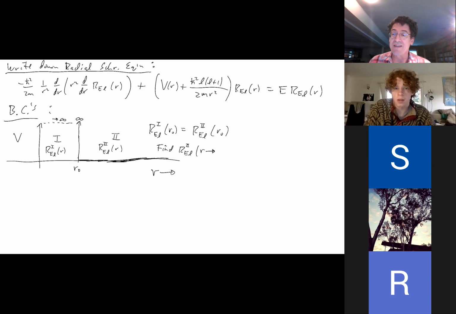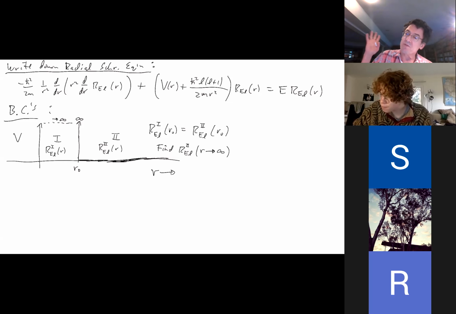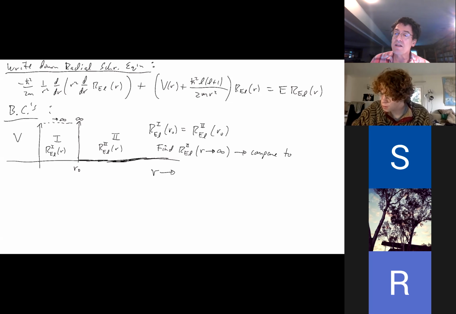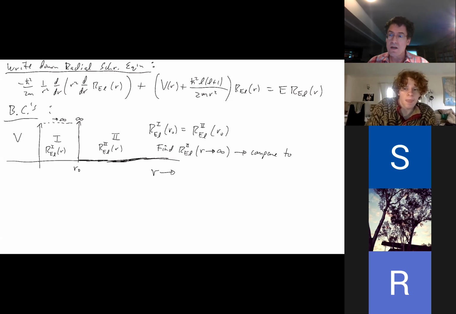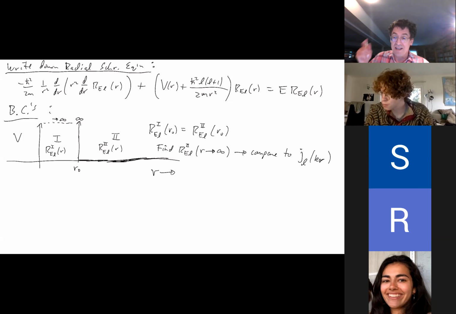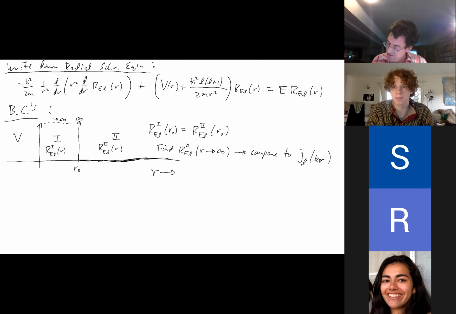To find the phase shift, I have to take r goes to infinity, and then compare that expression to what? The Bessel function. Exactly. And I'm going to see how they differ. They're going to differ by a phase shift, and that will be the answer, the magical phase shift.